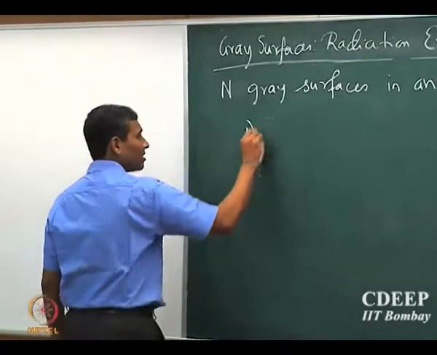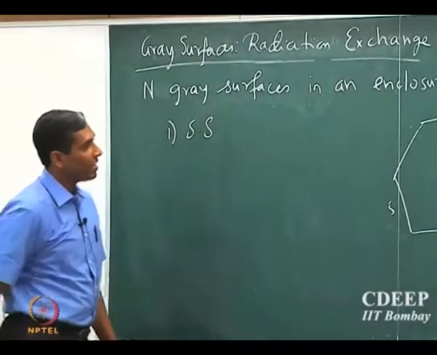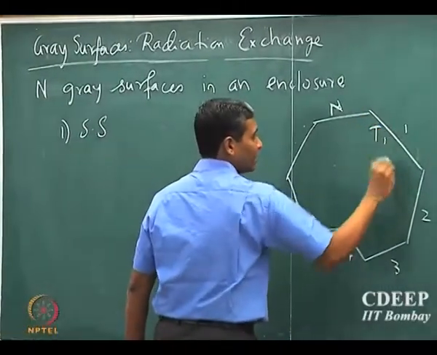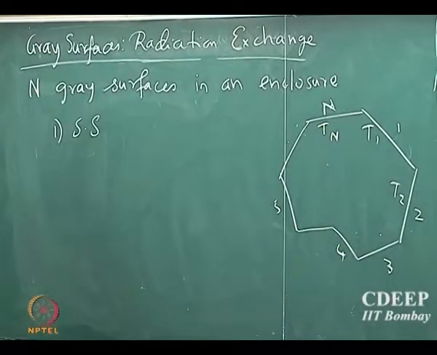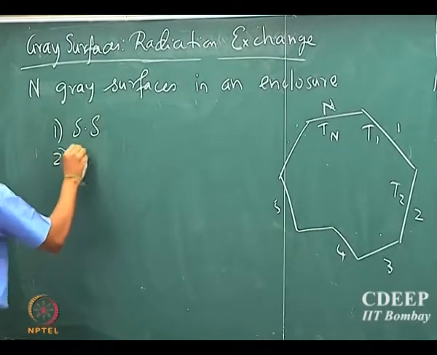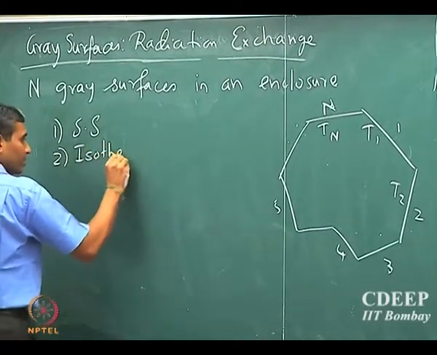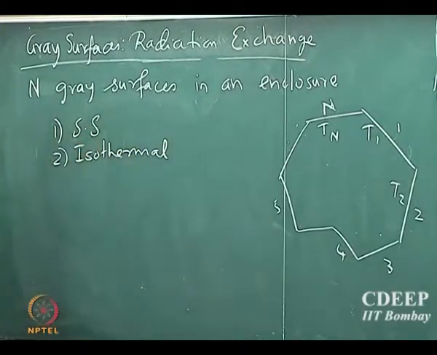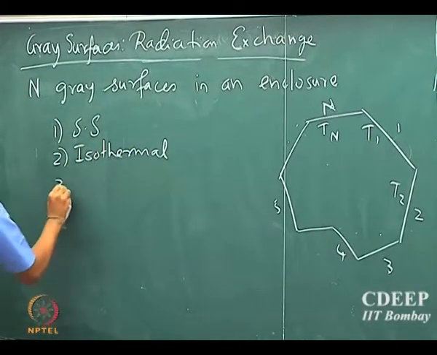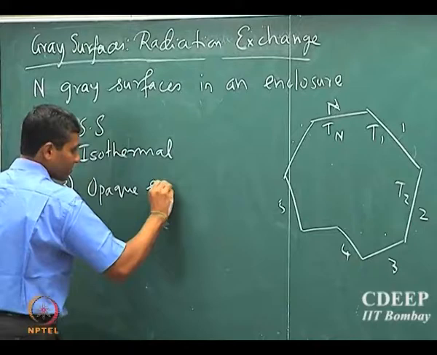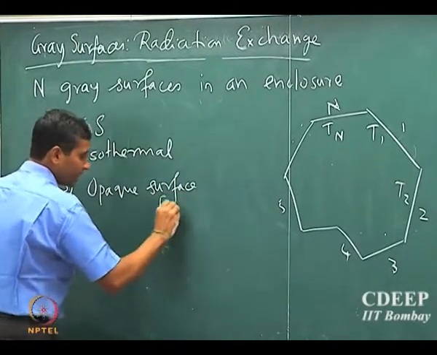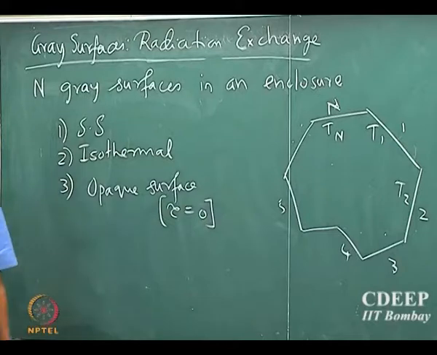Suppose we assume that it's a steady state system, which means that the temperatures T1, T2, etc. are maintained constant. It's a steady state isothermal system. The third assumption is that it's an opaque surface, which simply means that transmittivity is 0. So the only mode of splitting of the incident irradiation is by absorption and reflection.